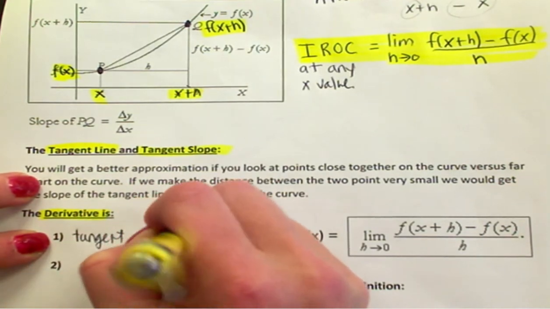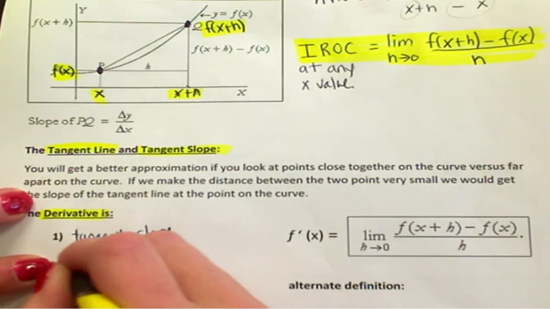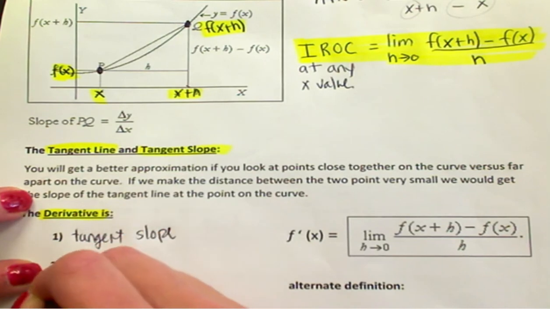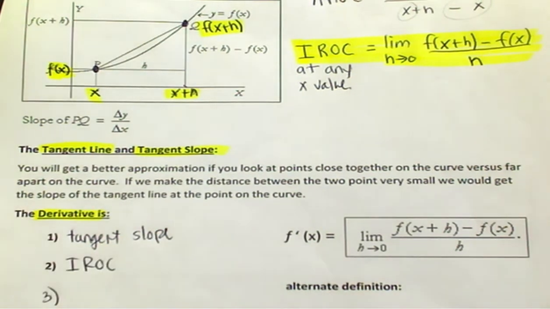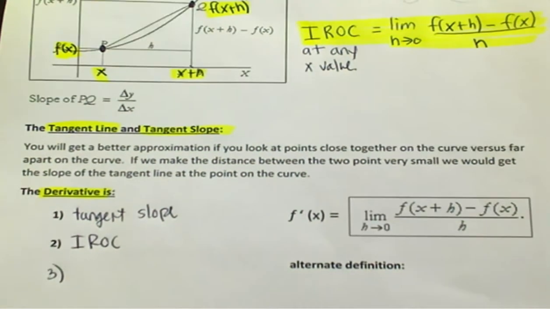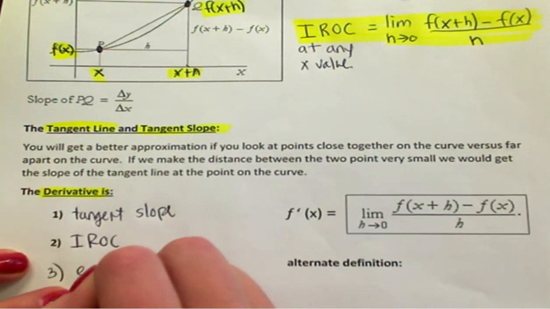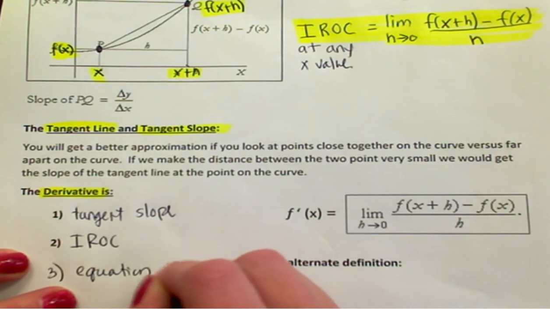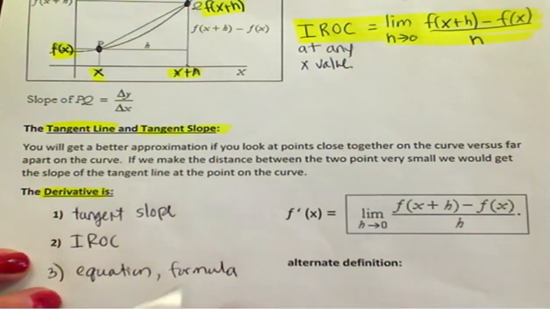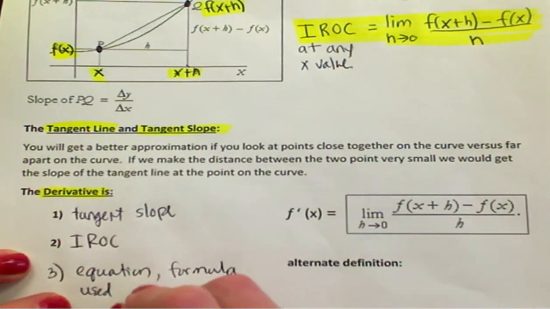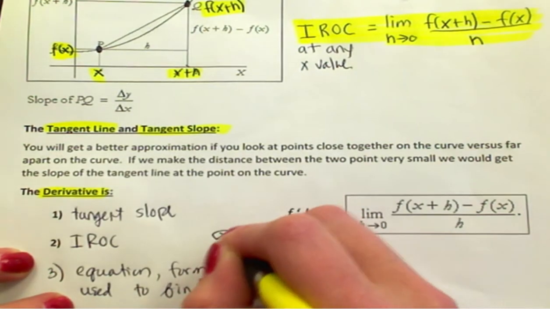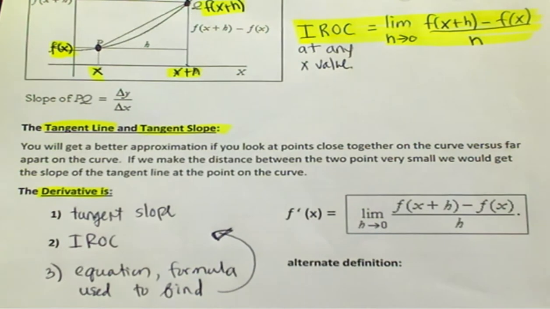So derivative is tangent slope. It's also the instantaneous rate of change. It is also a equation or formula used to find those 2 things.